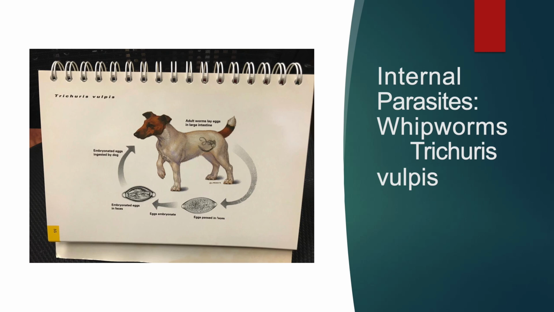Okay. So same kind of life cycle: adults in the intestinal tract, eggs get pooped out, they go through their little life change, and then they get picked up on the paws and the dog gets reinfected, or the next dog coming along gets infected.